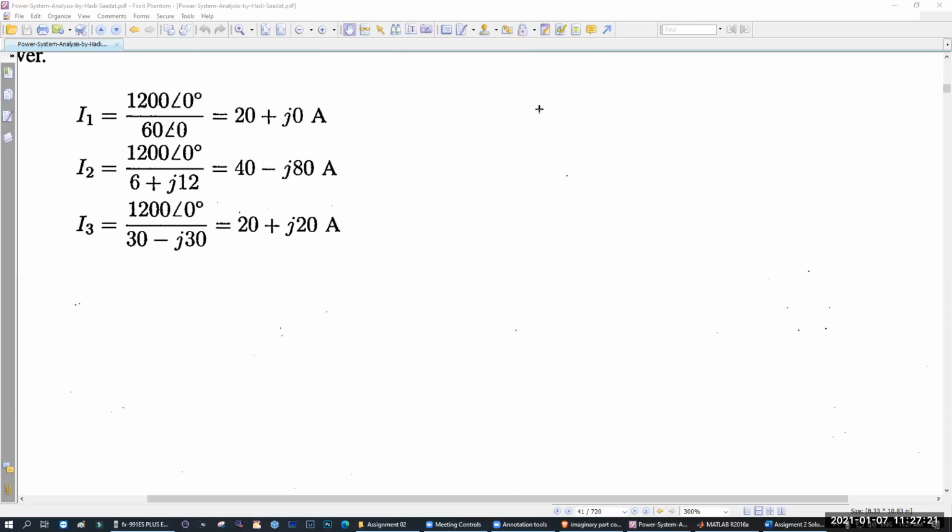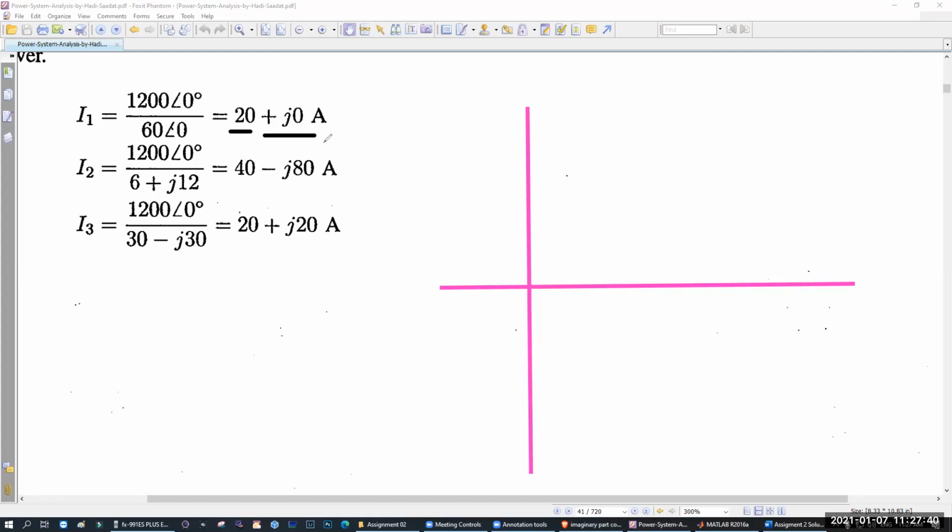This you already know from the circuit. In circuit 1 and circuit 2, see this one. Here, I1 is 20 plus J0.